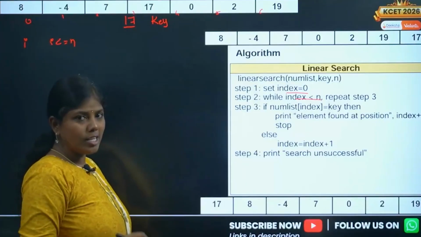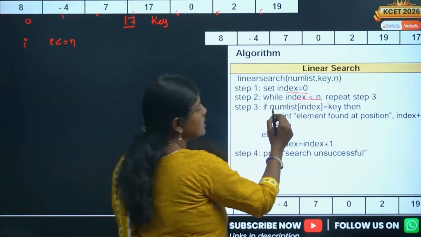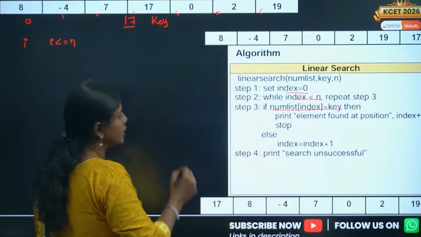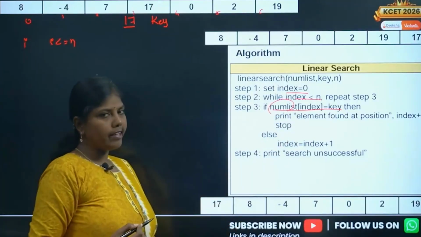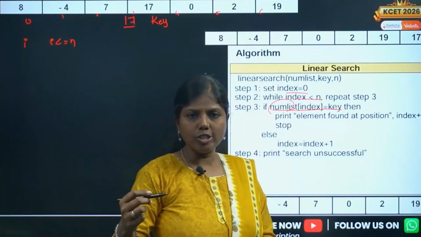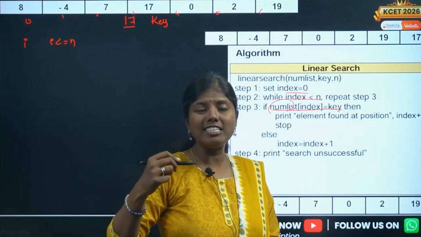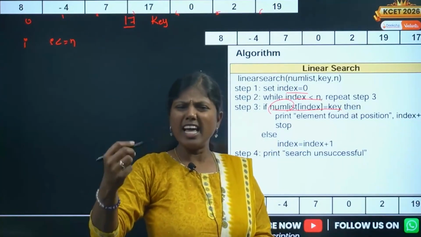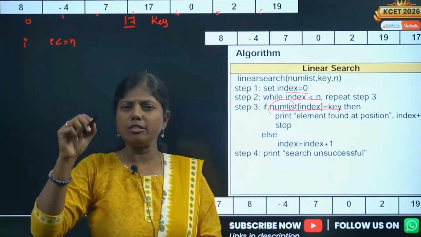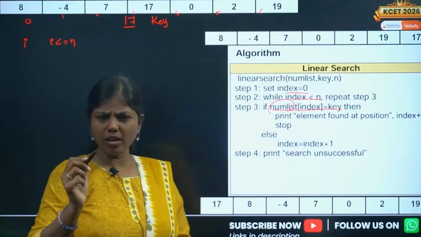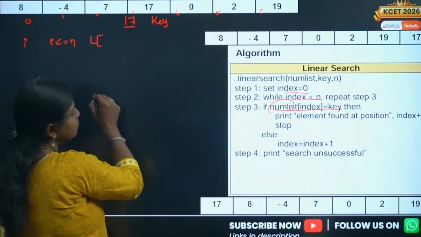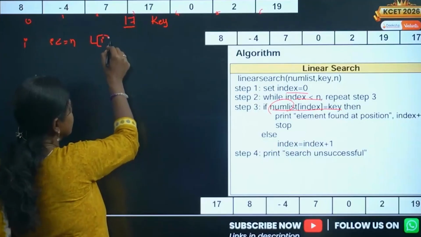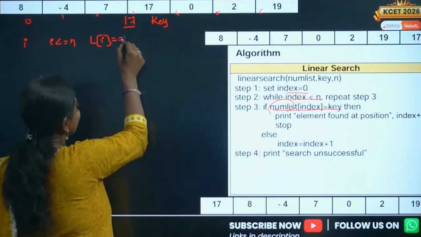So comparison is done here. Instead of num list, as you can observe from the beginning of my lecture, wherever the list name is taken as num list, I'm keeping it very simple as L for list. L of I, the element at index I, equal to key.